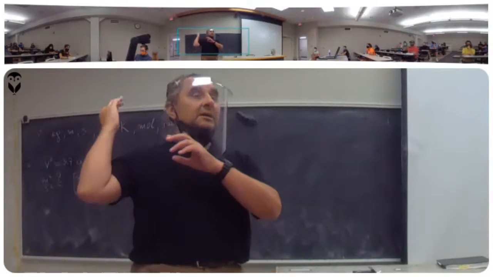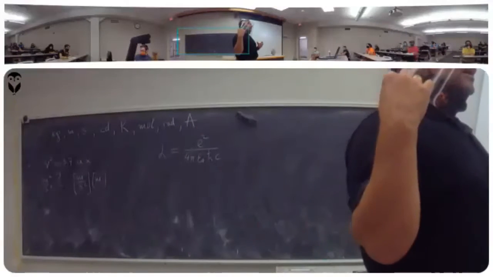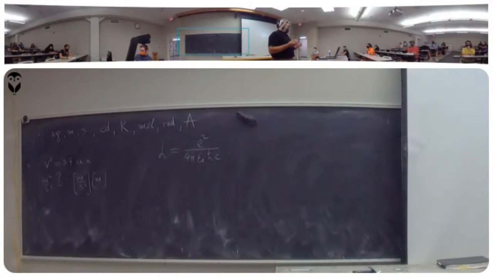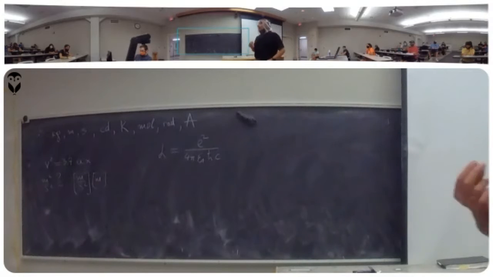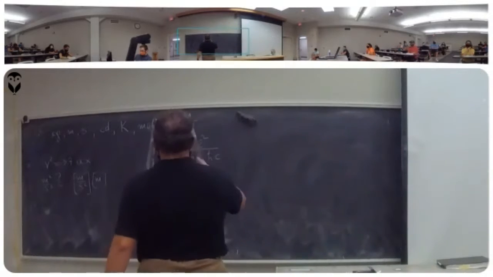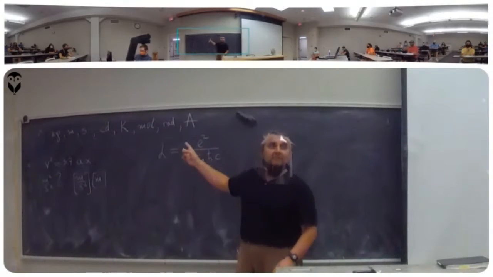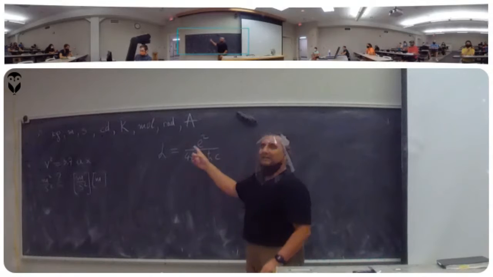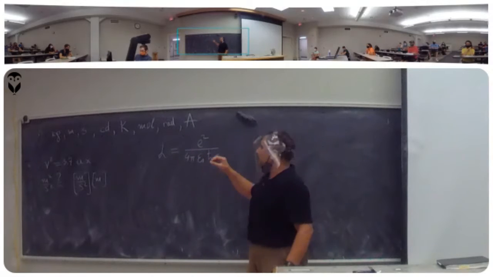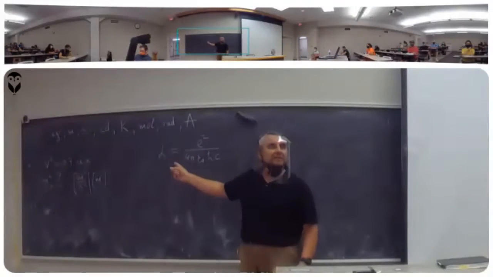So this combination of numbers occurs regularly when you're trying to describe any electromagnetic phenomenon. So it has its own name, fine structure constant. Well, what are the units for this fine structure constant? Well, you can go and substitute the units for each of those variables.